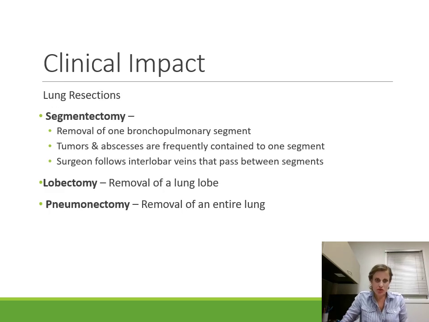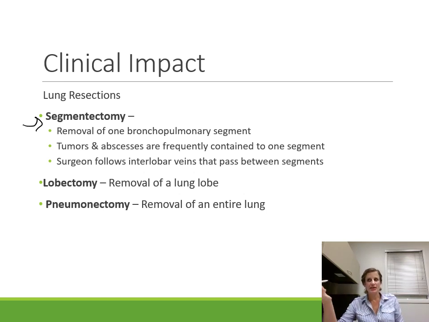Lung resections. At times we need to resect or remove part of the lung, for example if there's cancer present, and we can remove different amounts of lung depending on how severe or how progressed it is. A segmentectomy is removal of one bronchopulmonary segment.